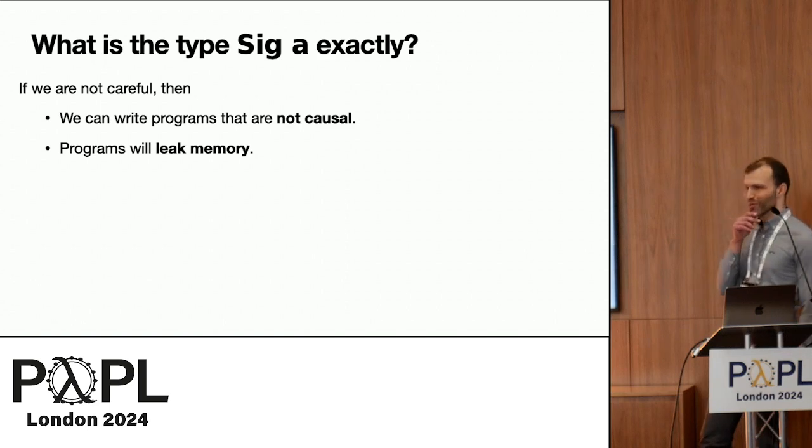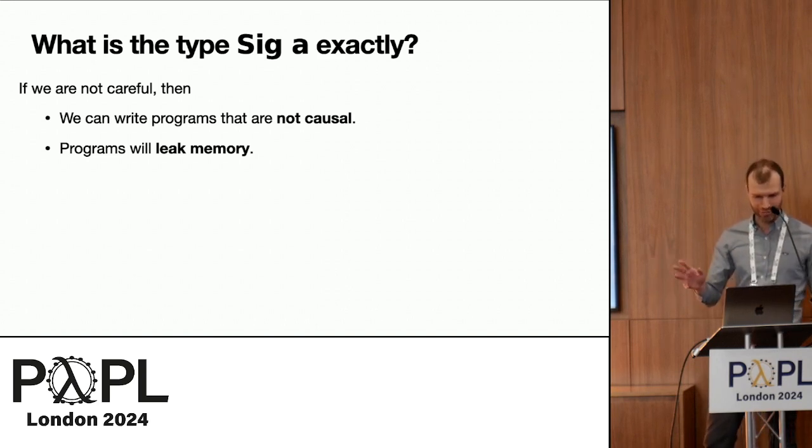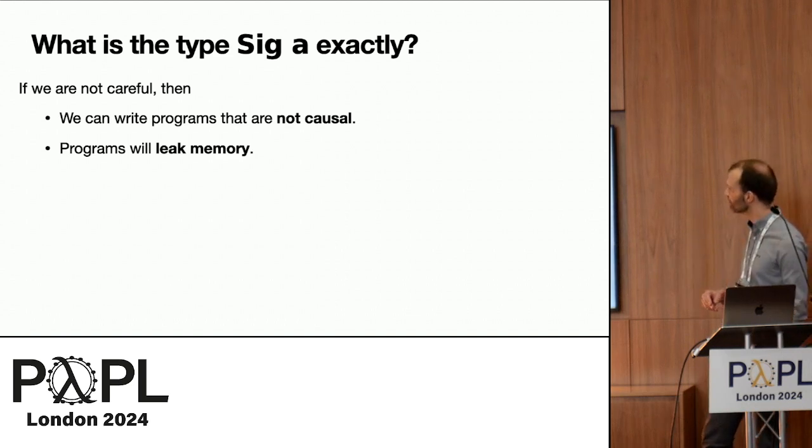But we have to be careful when we're designing such a language. If we're not careful, we might be able to write programs we rather shouldn't. That can be defective in at least two ways. They might not be causal, so we might be able to define signals whose value now depends on another signal's value tomorrow. They're not good, we cannot actually run these programs.